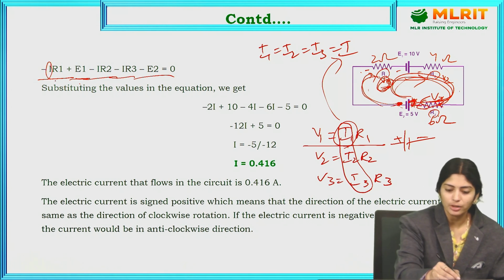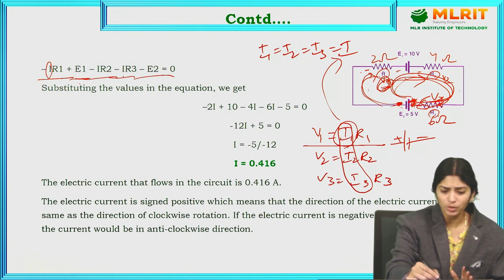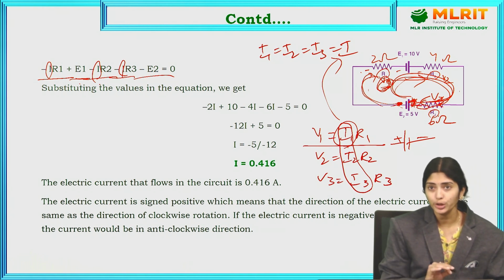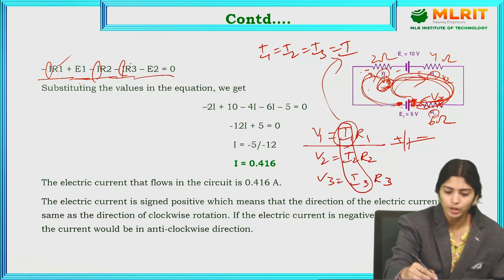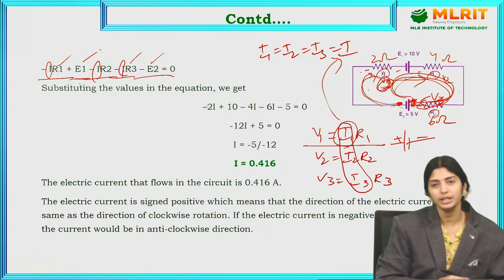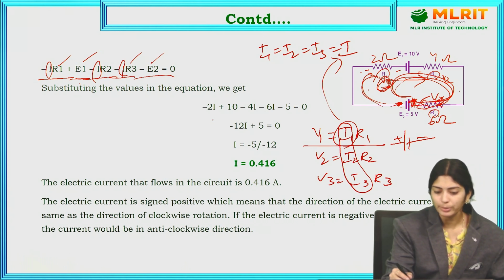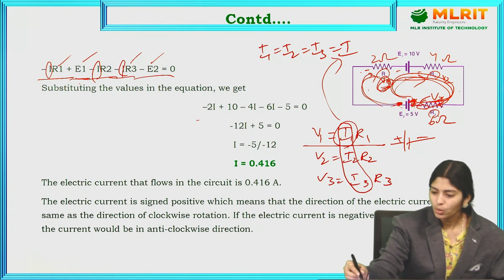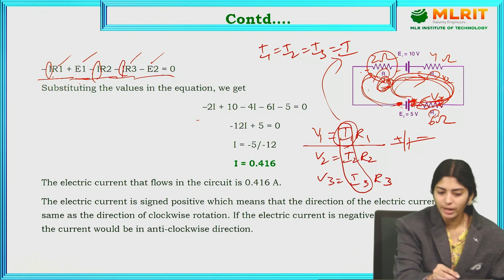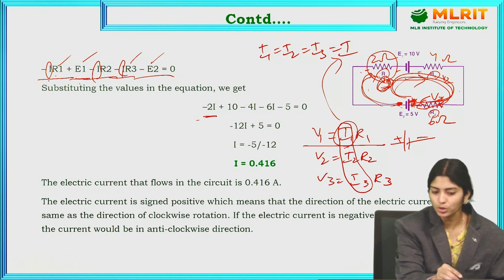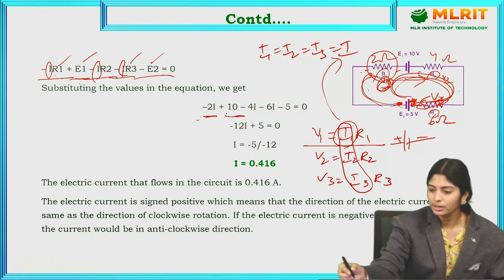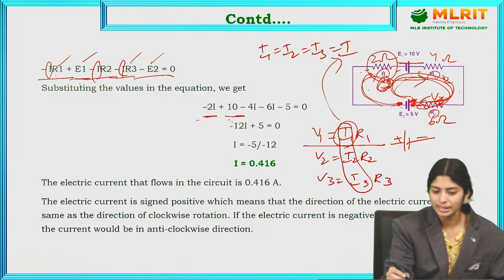What is the value of I? I is the unknown value here. What are the values which we know here? R1 values we know. Next E1, E2 values also we know. So substitute the values here. What is the value of R1 here? 2. So minus 2I, plus E1 means plus 10, minus I into R2.